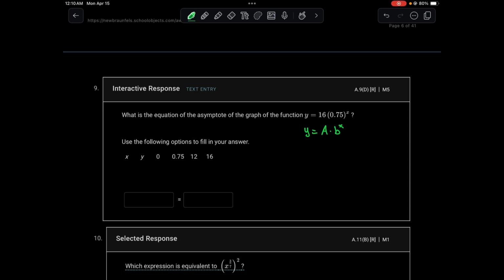We've seen before that a is the initial value of whatever it represents. On the graph it is the y-intercept. b is the base, sometimes also called the growth factor.